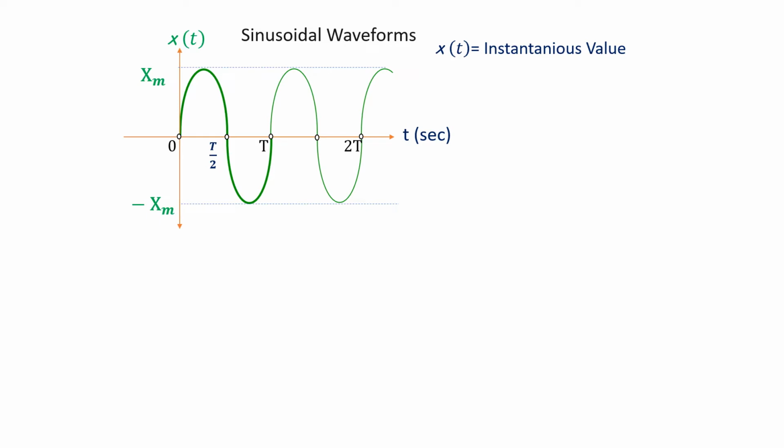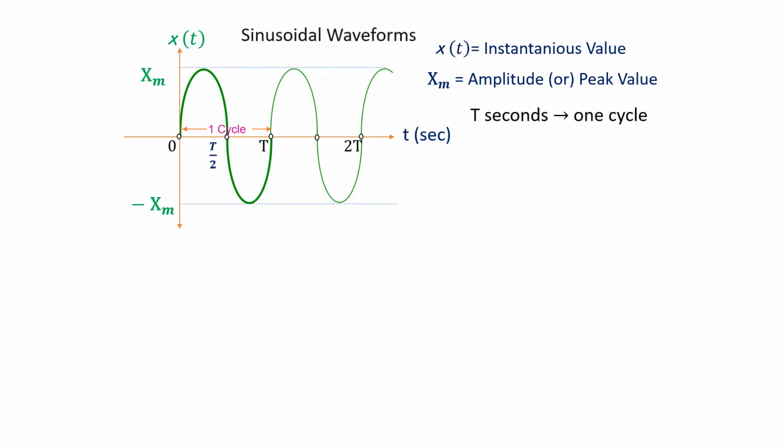Xm and minus Xm are the positive and negative maximums. This maximum value is also called as amplitude or peak value. You can see from the waveform that in a time of T seconds, one cycle is made.